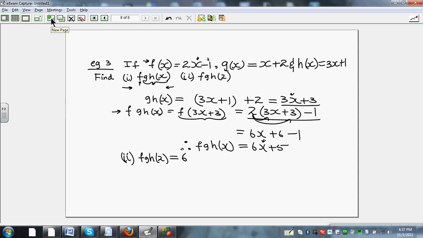So we get 6 by 2 plus 5, which will work out to be 12 plus 5, which in turn will work out to be 17. So your answer, therefore, is fgh of 2 is equal to 17.